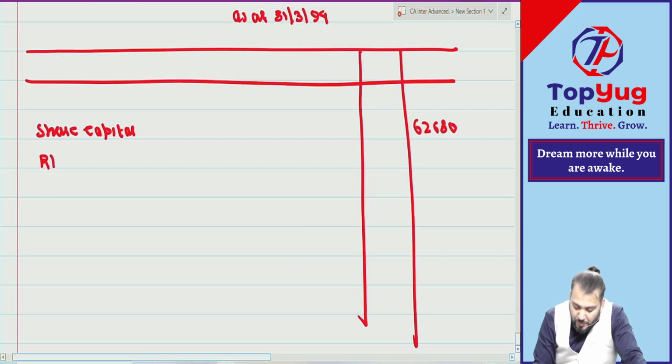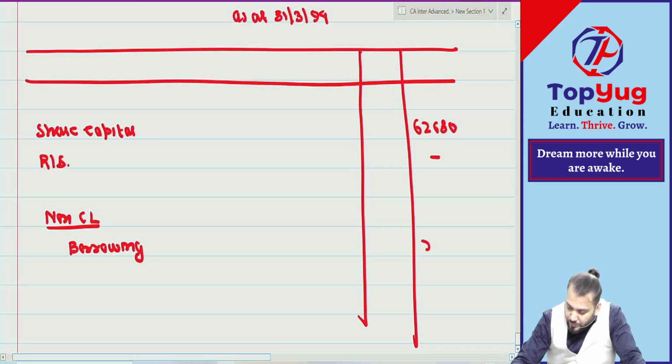Any reserve and surplus? No. Any non-current liability? Yes. So there is borrowing. Long-term borrowing, na? How much? 50,000.